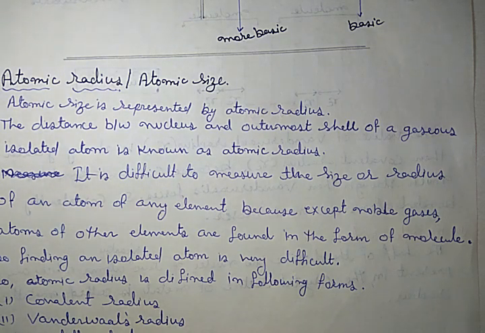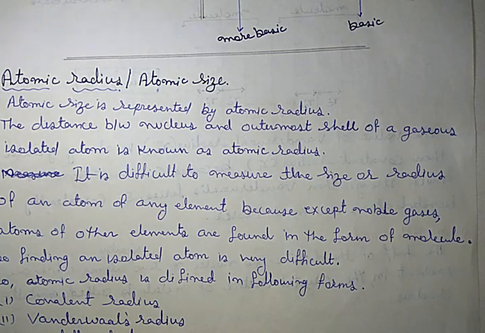The measurement of atomic radius or size is a very difficult task for an atom, because except noble gases, none of the other atoms are found in the form of gaseous isolated atoms. They are found in the form of molecules.